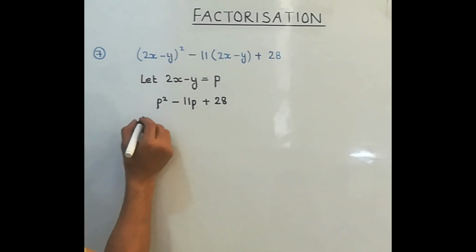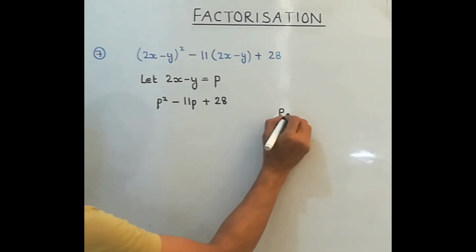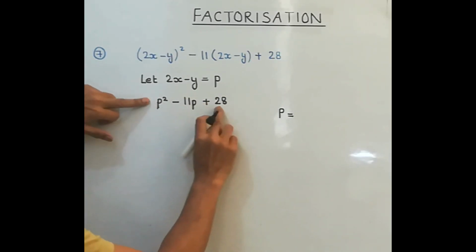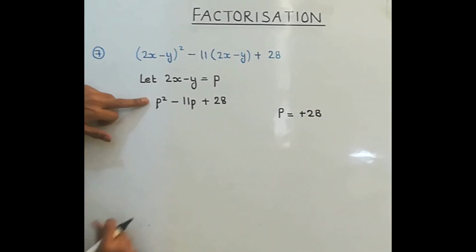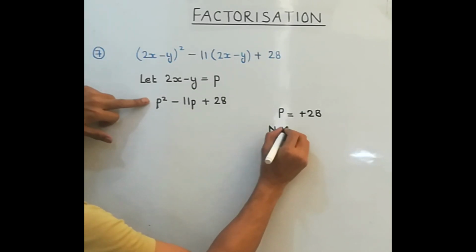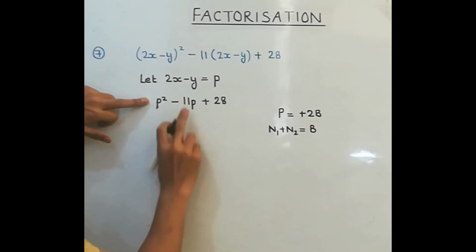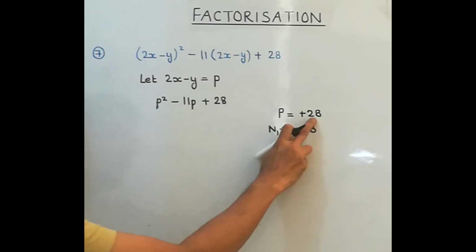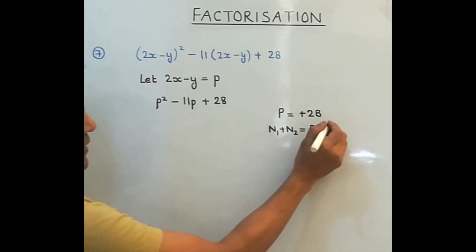So how to factorize a trinomial? First of all, you will get p, that is product. So if we see here, a is 1 and c is 28. So product is plus 28. Now if product is positive, we need two numbers, n1 and n2. Their sum should be equal to b, and b over here is 11. So the two numbers whose sum will give you 11, but their product should remain 28.